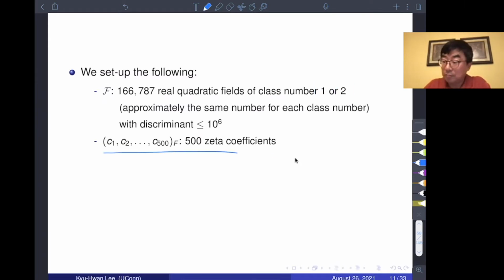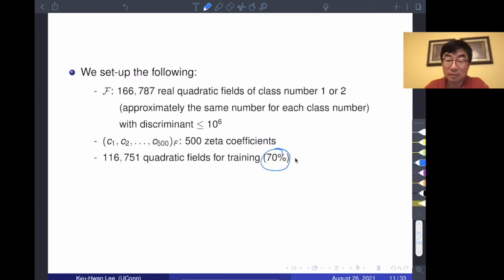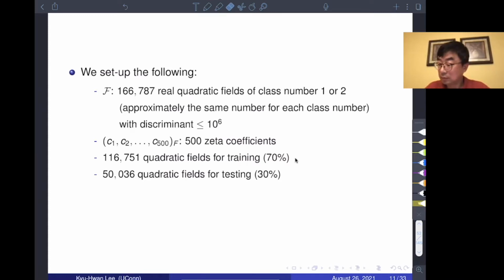And then we compute 500 zeta coefficients. And then we choose 70% of the real quadratic fields for training, and 30% for testing. So we have this classification problem.